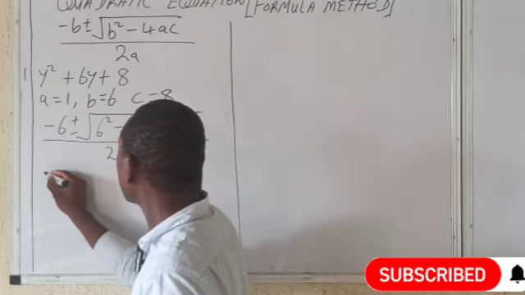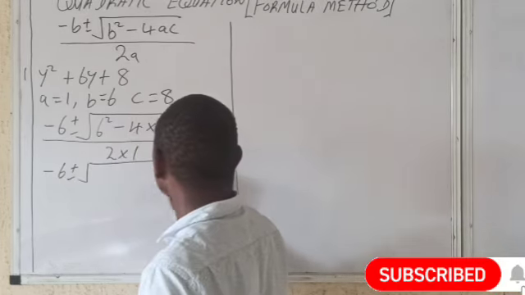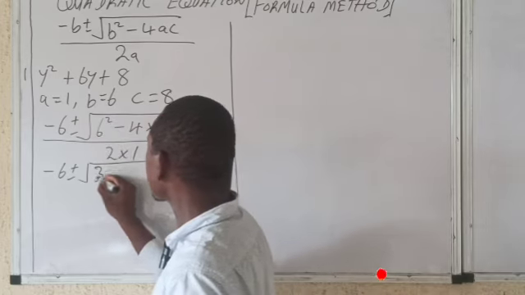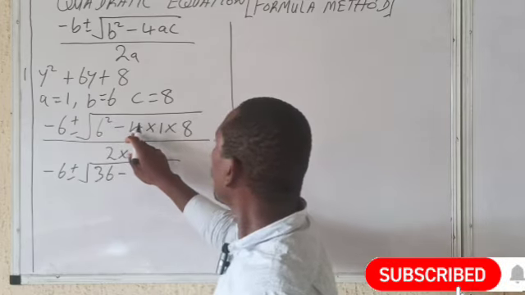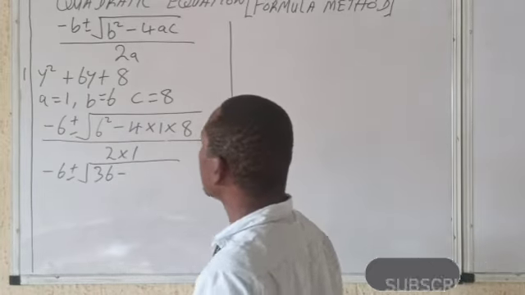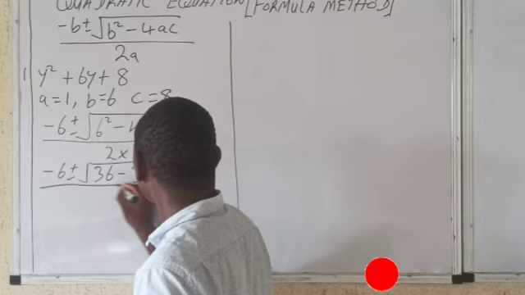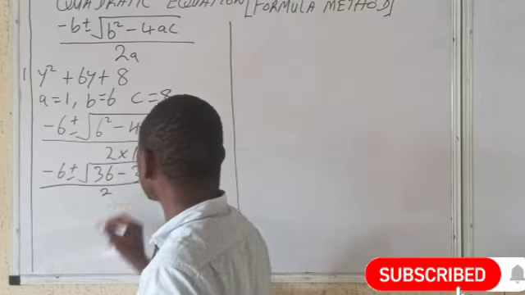So we now have minus 6 plus or minus the square root of, now 6 squared is 36, minus 4 times 1 is 4, times 8 is 32. So now I have 32, all over 2 times 1, which is 2.